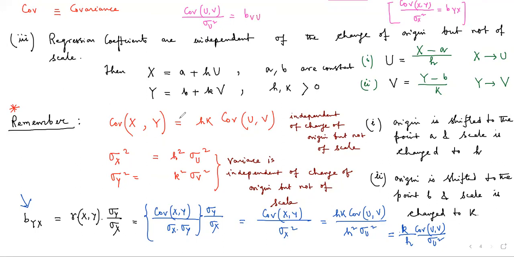So what we find from this is that byx is actually equal to k by h into bvu.